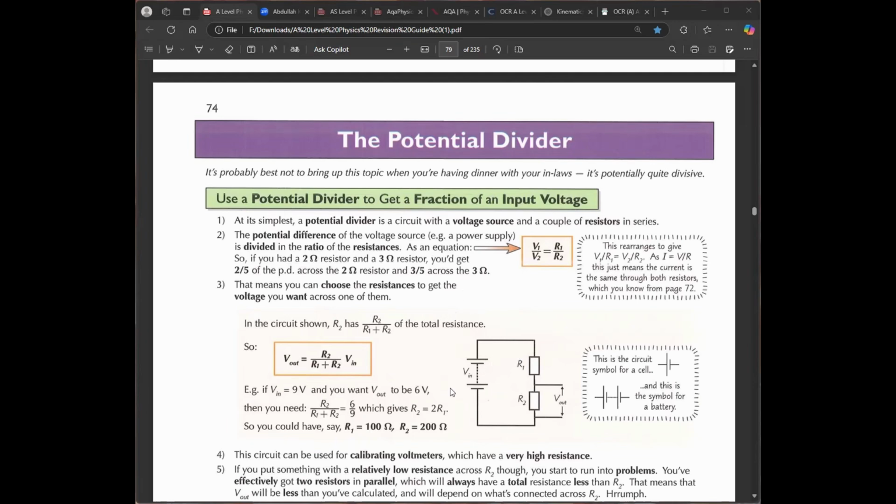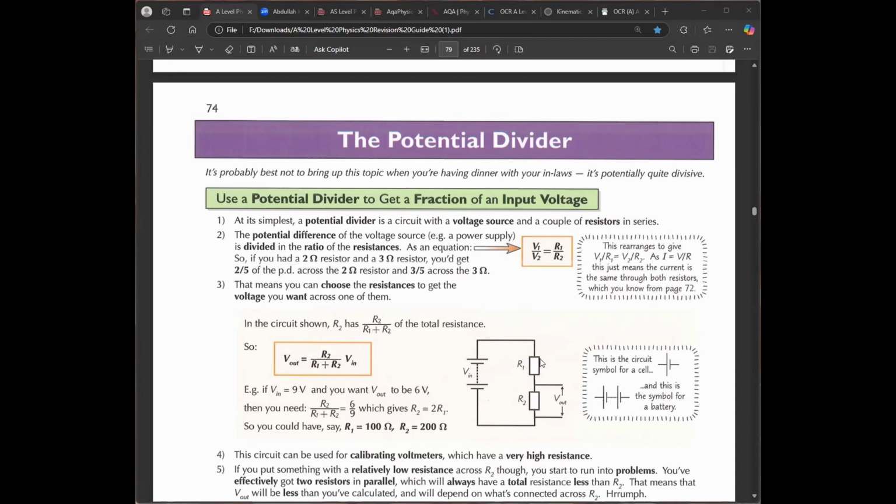What a potential divider does is it gets a fraction of an input voltage. This is another thing that you can use. If you have a battery of 15 volts and you only require 5 volts for something to work, and you don't want to give it more than that, you can use a potential divider. You can make your own as well if you have the required resistors.